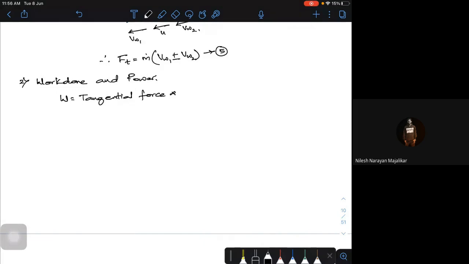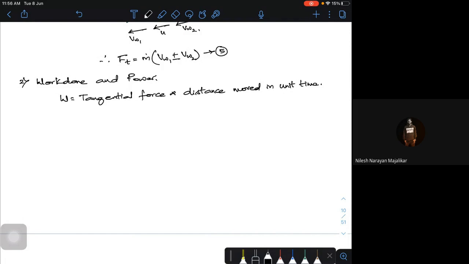Distance moved in unit time. Maybe simple, I can write it as distance moved in unit time. What is it actually? That is your U, that is your blade velocity.